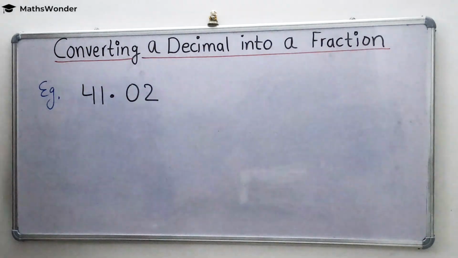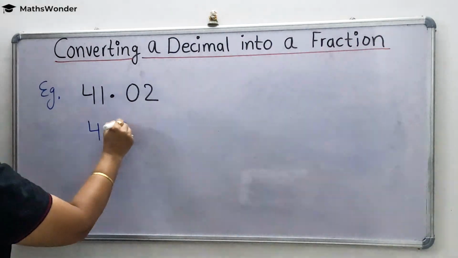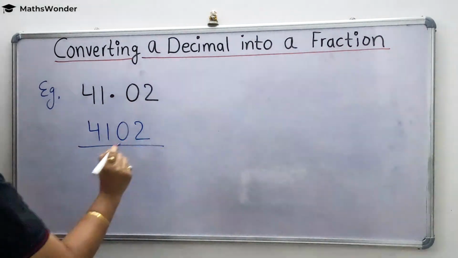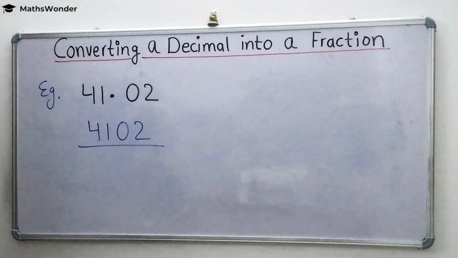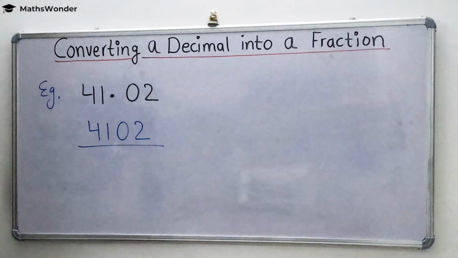Now the next example is 41.02. How can you write it? First, whatever number is given, you will write it in the numerator. There will be no change. Write the same copy in the numerator, without the decimal. Decimal you will not put here.